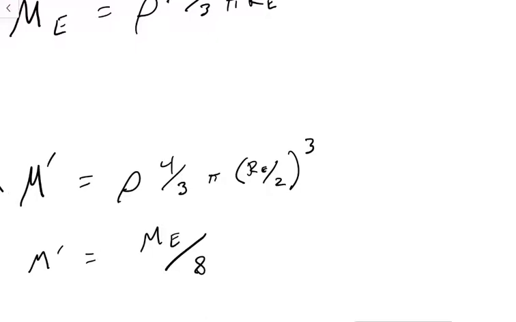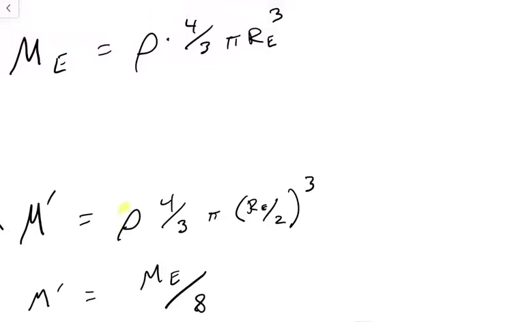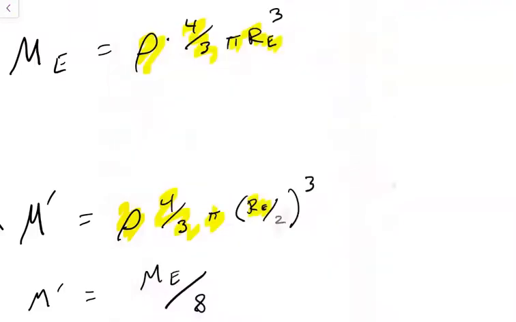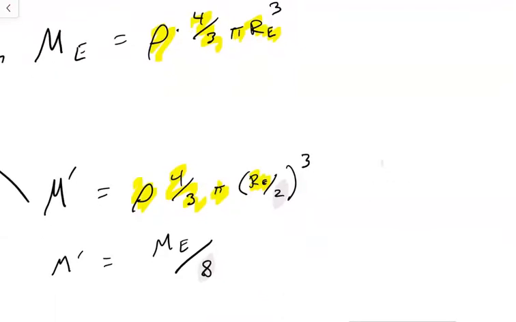So it's divided by 8, right? Because rho is the same, 4/3 is the same, pi is the same, and RE is the same. What's different is that 2, which when you cube it ends up becoming 8.